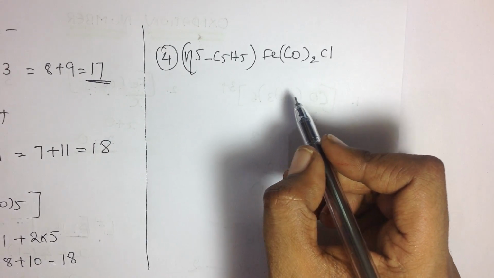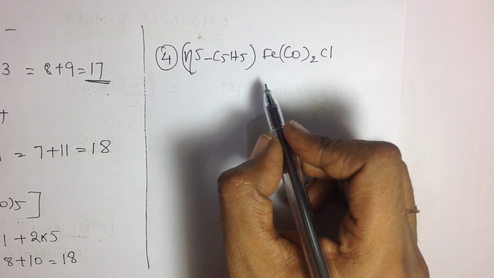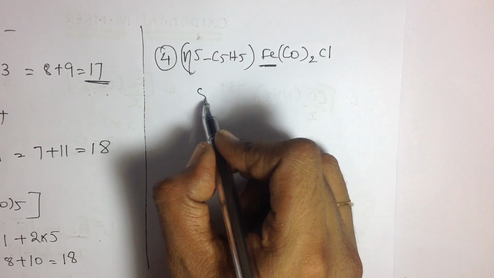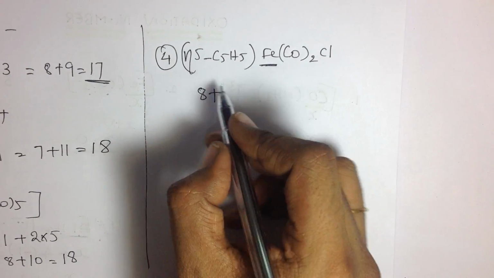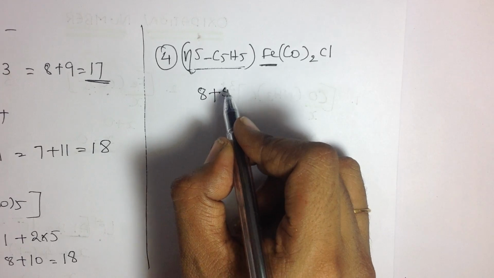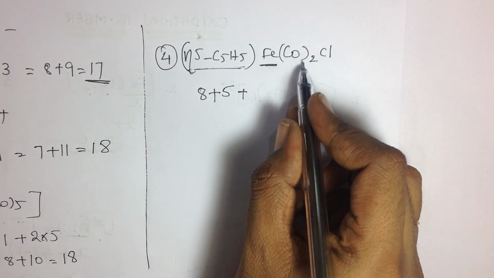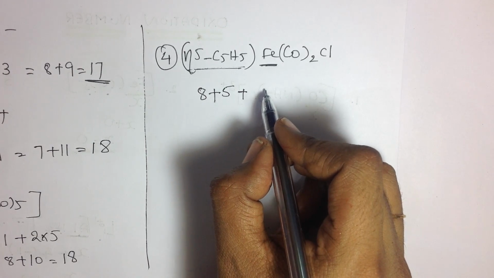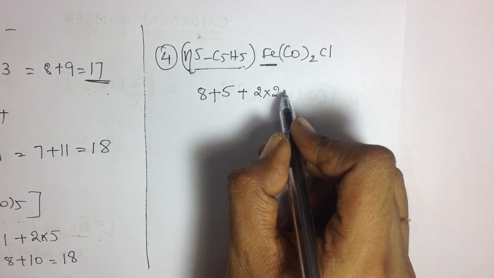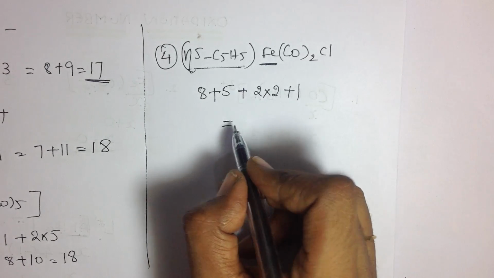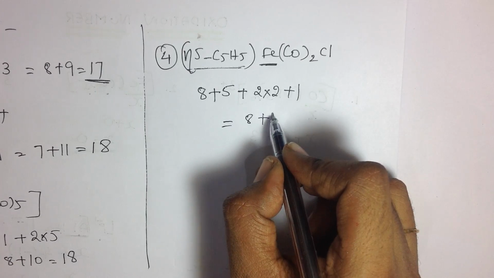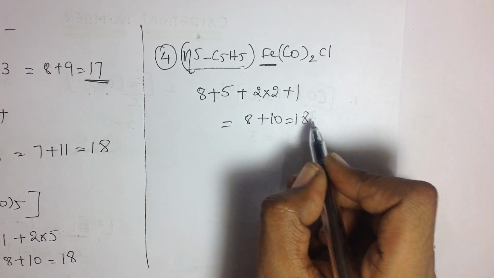If you see the case here, what about the iron? 8, plus how many electrons are contributed by the ligand? 5, plus what about the CO? 2 into 2, plus 1. So what total will you get? 8 plus 10 is nothing but 18.